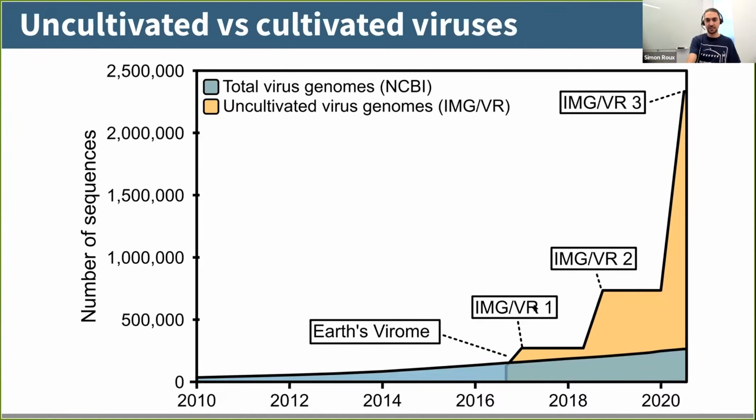But still, with the release of IMGVR 1, then 2, then 3, it gives you a sense of how quickly we accumulate viral genome information when we mine metagenomes, viromes and all of this metagenomic data. I can't share numbers yet, but the next iteration of IMGVR will be roughly on the same trend of exponential growth.